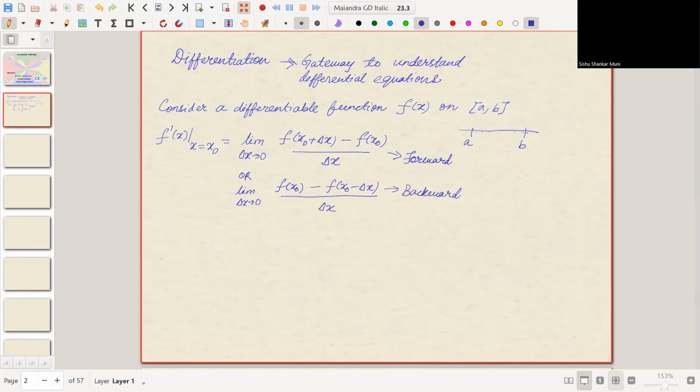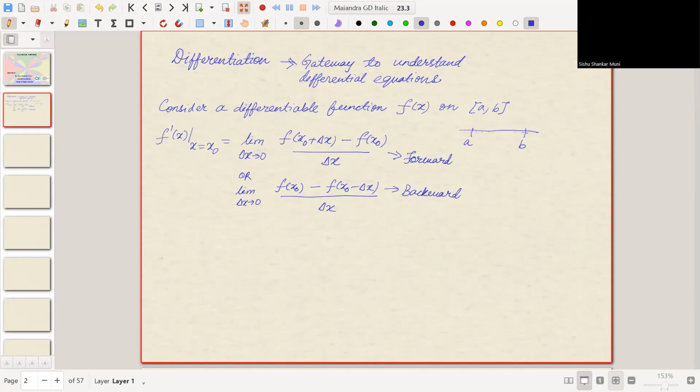Why are we calling it forward and backward? For the forward method, I'm interested in f(x) at a point x naught. For the first definition, what am I using? I am using x naught plus delta x. That means you are going forward, and then you are subtracting the original function f evaluated at x naught.